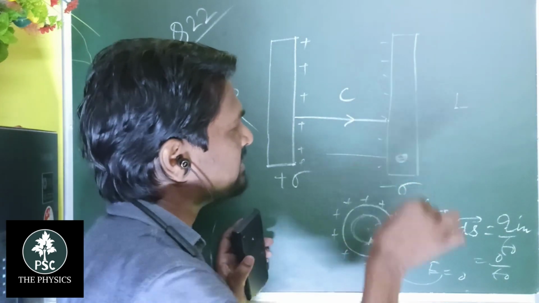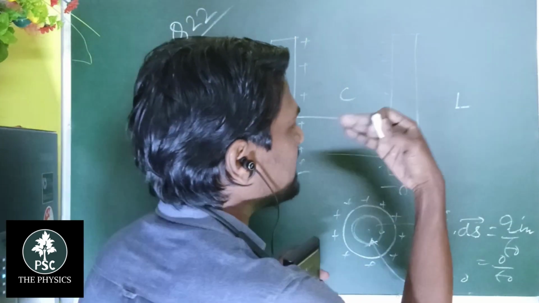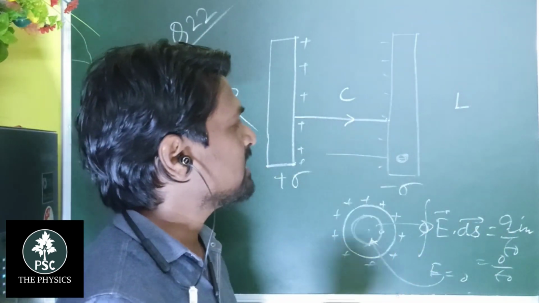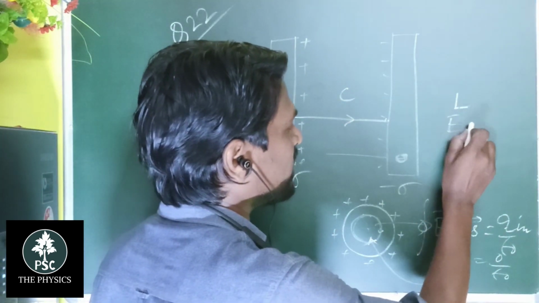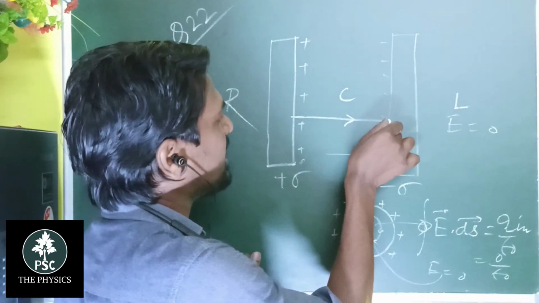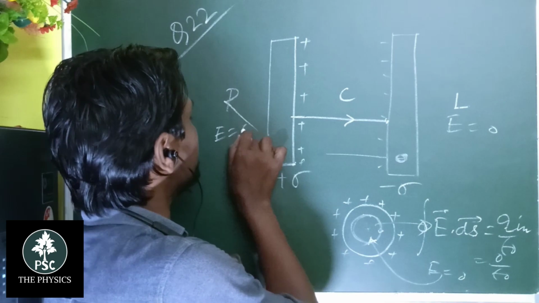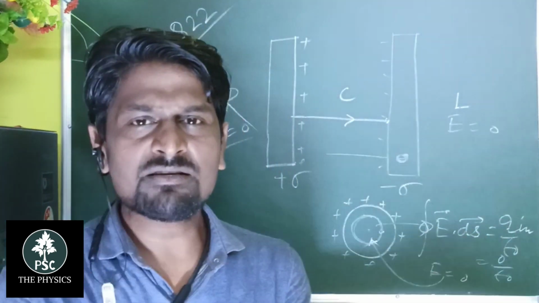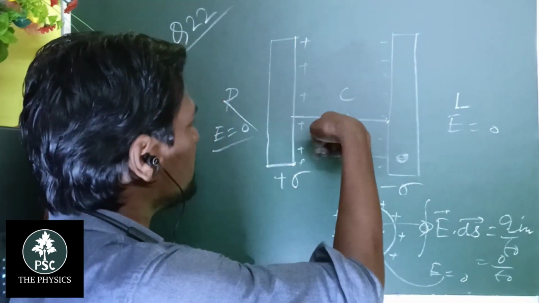It cannot penetrate that one. So there is no electric field, or there is no charge inside. The electric field at that point is 0, because the field originates from this one and ends at this one. So here also the electric field is 0. So for the left side and right side, the electric field is 0. But what about the inside surface?